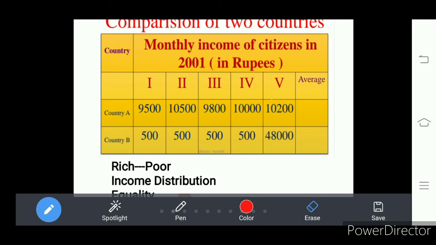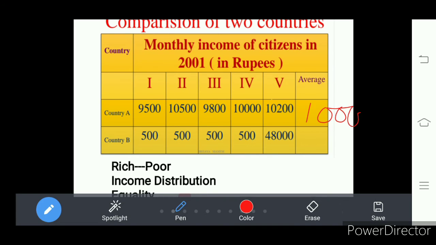Now take out the total income of country A and country B. What do you find here, the total income means? It is the income of all the individuals. When you add all these people's income, it becomes total income, and dividing by its population you will get average income.